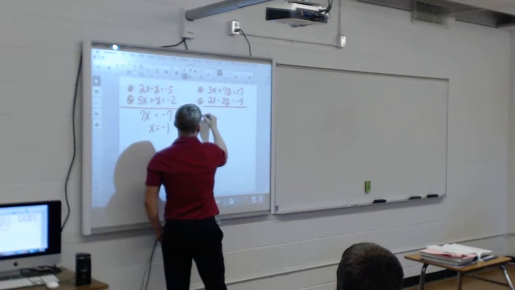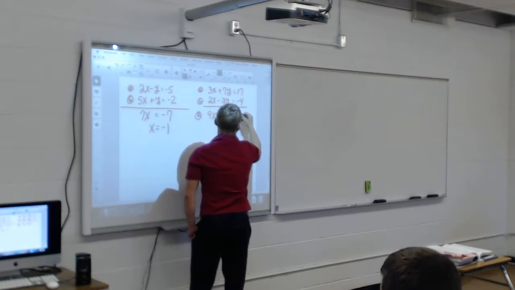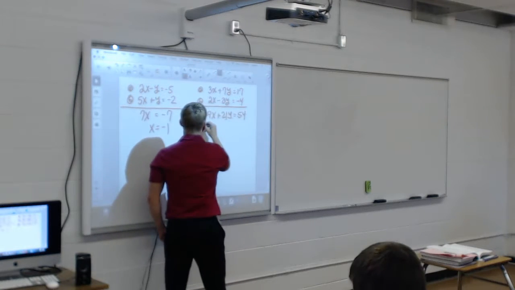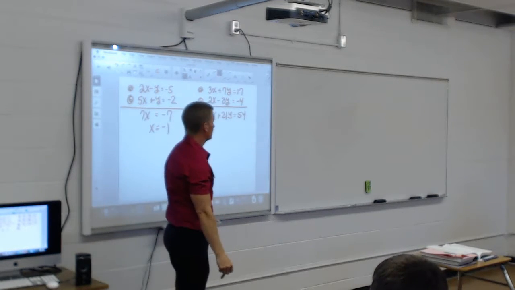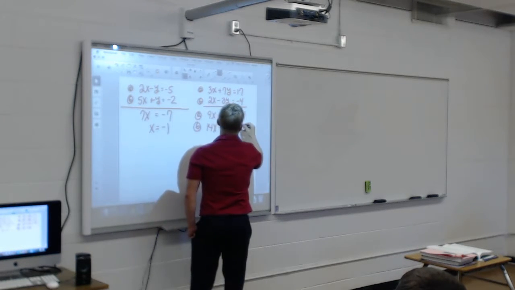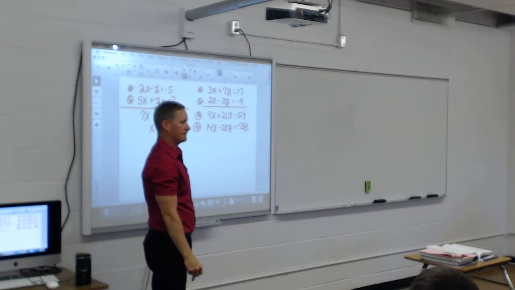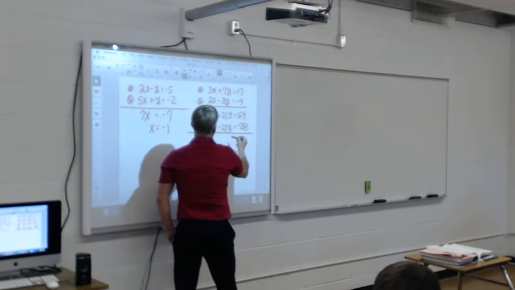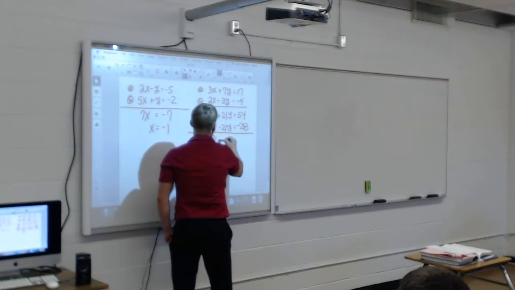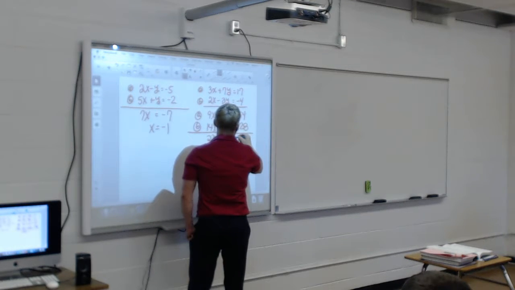So 9x plus 21y equals 54. And 14x minus 21y equals negative 28. Now I just add them up. That's 23x, that's 0, and this is 26.